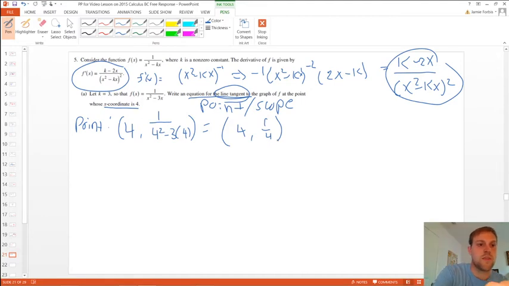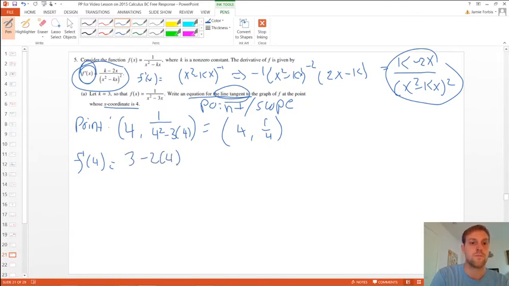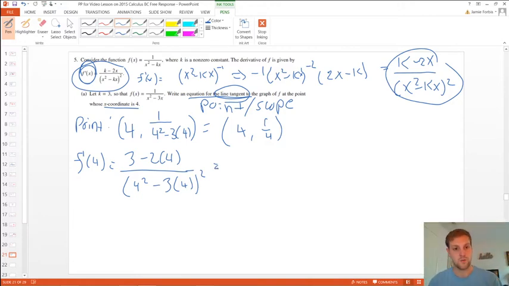We got the derivative up here. We just need to plug 4 in for x and 3 in for k. So f prime of 4 is going to equal k minus 2x, so 3 minus 2 times 4, over 4 squared minus 3 times 4, quantity squared. All I did was plug in the 3 for k and the 4 for x into that derivative function.